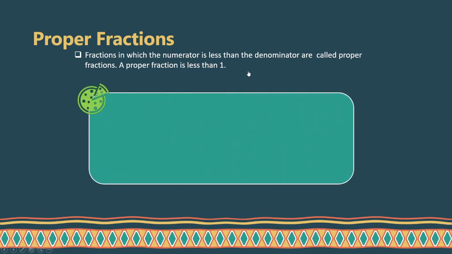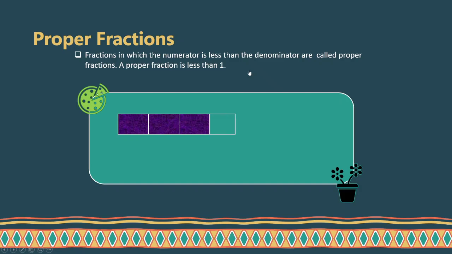Look at this picture. This is one rectangle, a whole thing. This rectangle is divided into 4 equal parts and 3 parts are colored. Then this is written in fraction form like this, that is 3 by 4. Above the horizontal line, 3 is called the numerator.